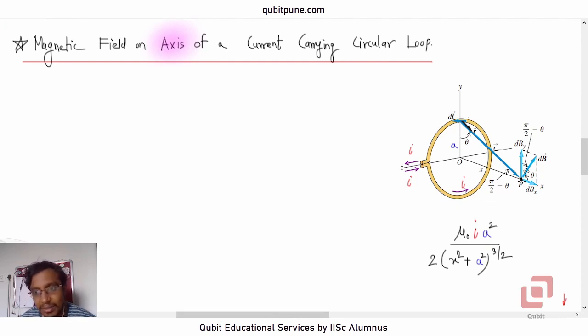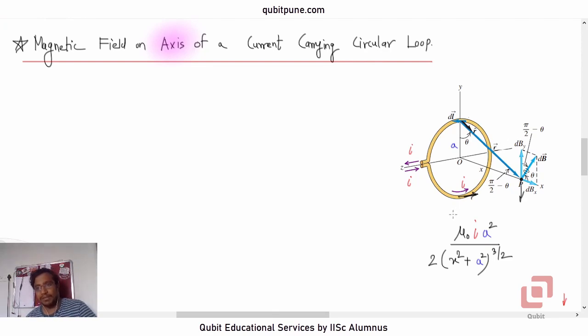It will be along its axis, although the elementary magnetic fields at P created by any current element are not axial. They will have a component not along the x-axis, but due to symmetry, for this dBy there will always be another current element which will cancel this magnetic field out.